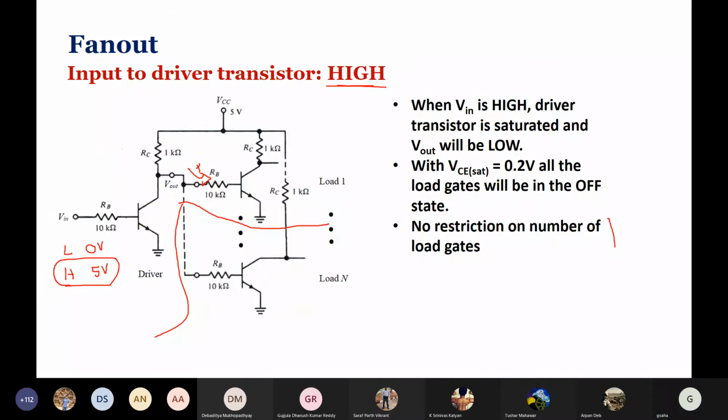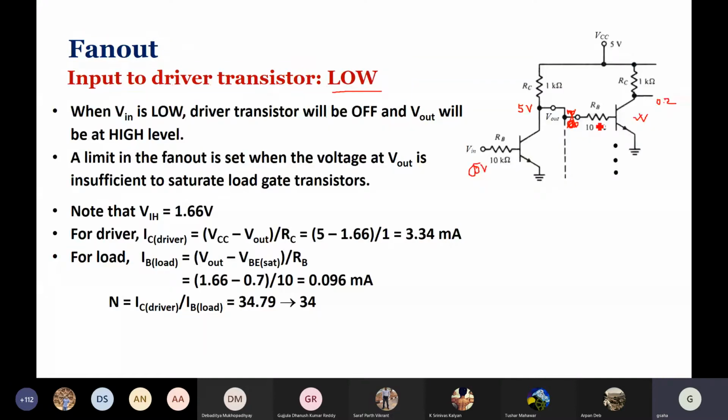So the current is sufficient, the base current is reasonable, not very small. And that base current is now, this transistor is cut off. This one is cut off. But there is a flow of current happening like this to the ground.